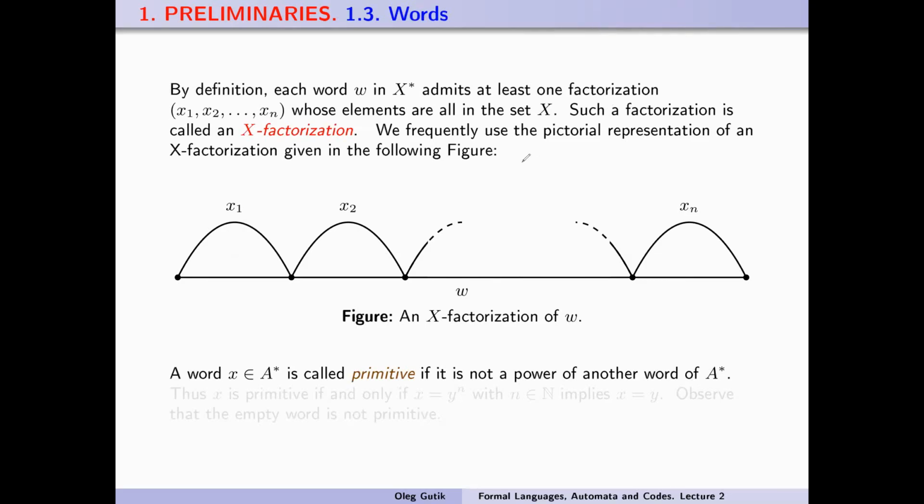If we have A consisting of the elements A and B, maybe C, the words A, B, C, AB, ABC cannot be written as a product of other words, so these words are not powers of other words of A star.